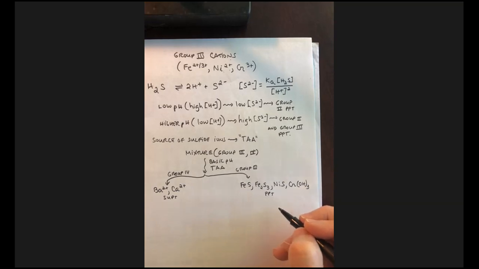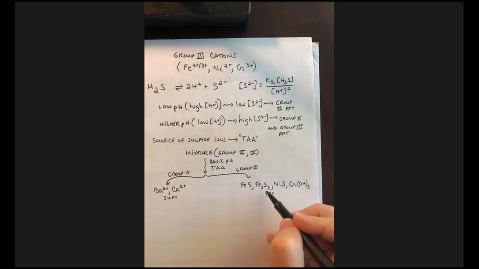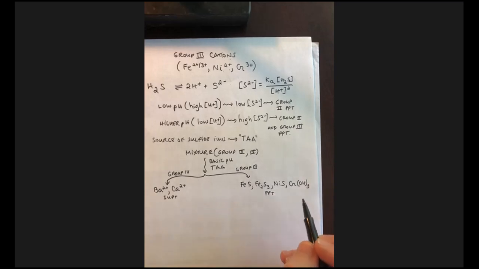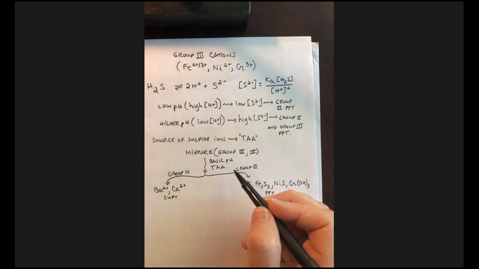So the chromium does not go into a sulfide mode, but it is still precipitated in the form of a chromium oxide. In the typical activity in lab, you would have done this in 2 days. One day you would analyze the group 4 ions, and on the second day you would analyze for the group 3 ions. Typically we have you run in parallel a mixture that has all of them in plus your unknown, so you can track them in parallel.